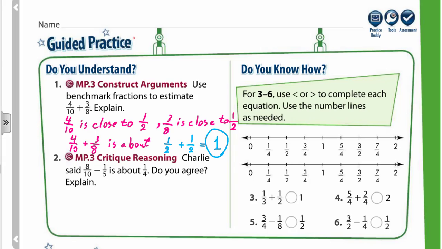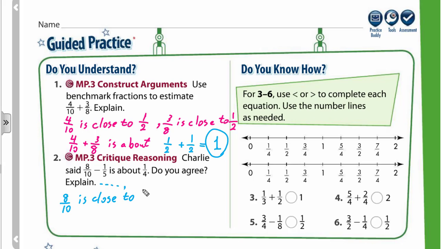So let's write the answer, and to answer we need to write yes or no, but I cannot write yes or no now, so I will leave a space here to write yes or no, and down I will write that 8/10 is closer to, okay, tell me, Riyadh, 8/10 is close to which benchmark?